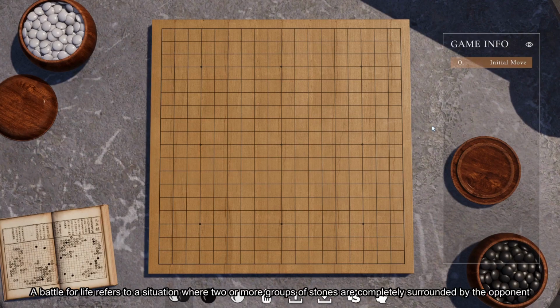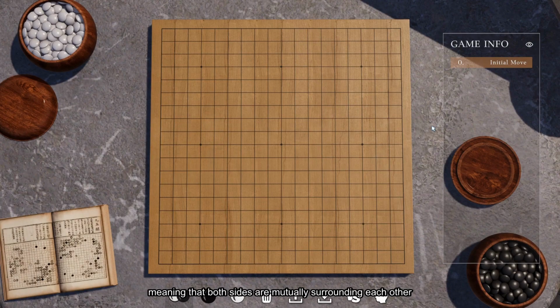A battle for life refers to a situation where two or more groups of stones are completely surrounded by the opponent, meaning that both sides are mutually surrounding each other, and neither side has any way to escape to the outside, nor can they make two real eyes to become living stones.